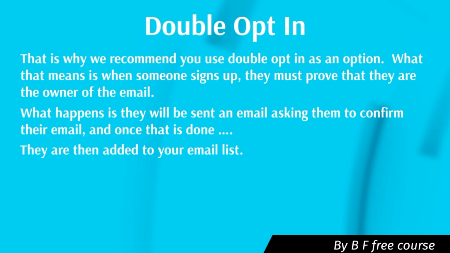And if it's a single opt-in, then of course 500 people would be added to your list. But if you do double opt-in, 500 people may opt in and maybe 100 of those are fake. And maybe you'll only get 300 people to actually confirm their email. But at the end of the day, what we found is double opt-in actually converts better.